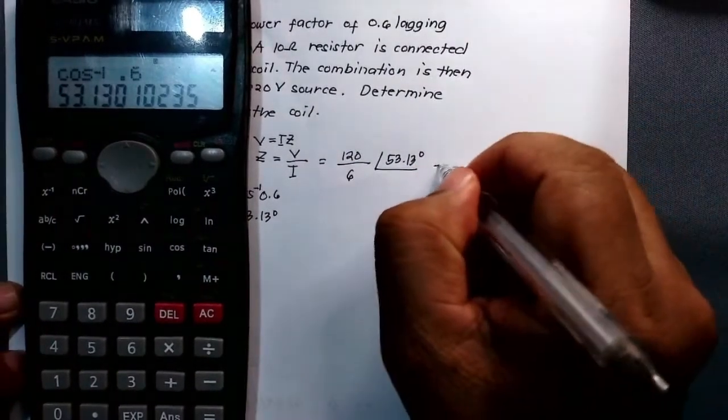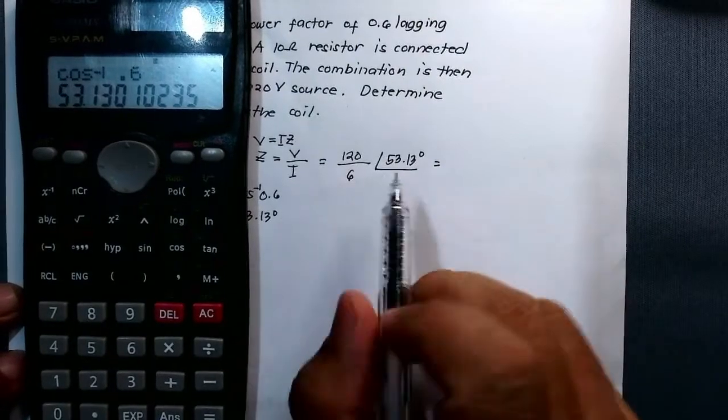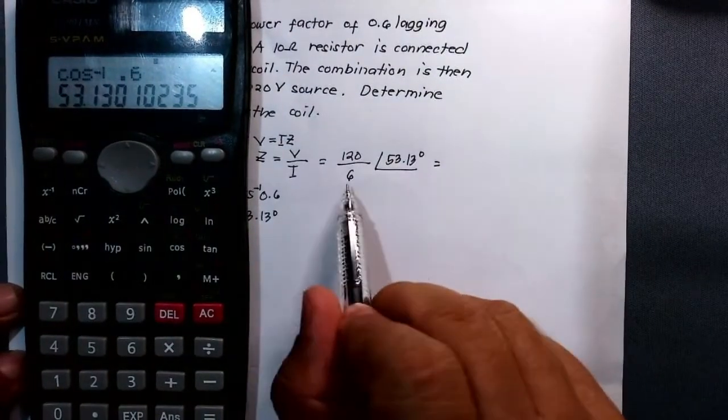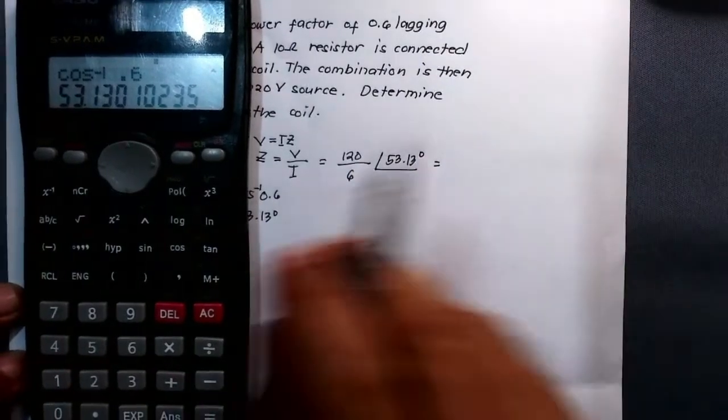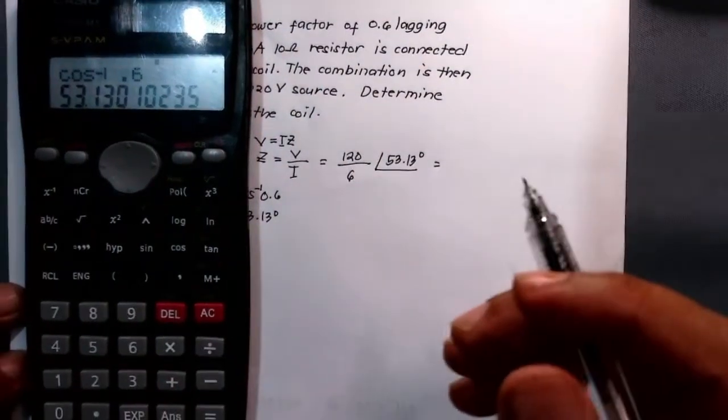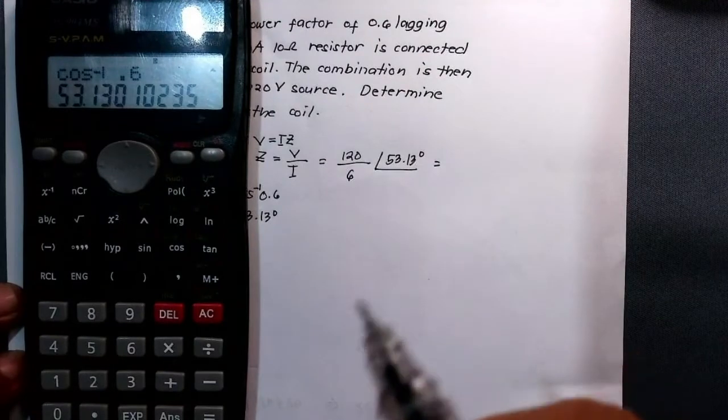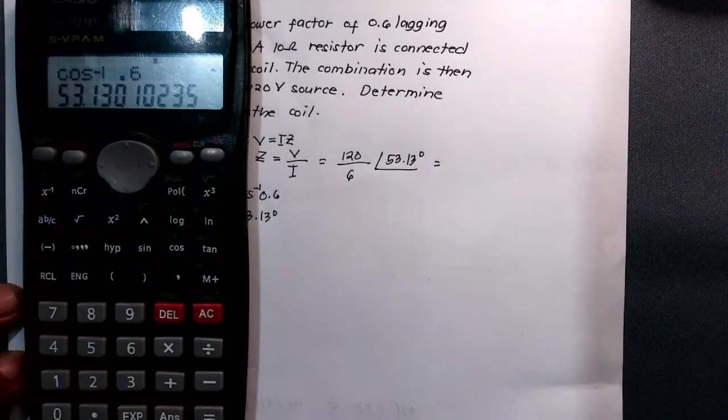So therefore, if we change this to rectangular, we can get the value of our impedance, specifically the real part, the resistor, and the inductive reactance.